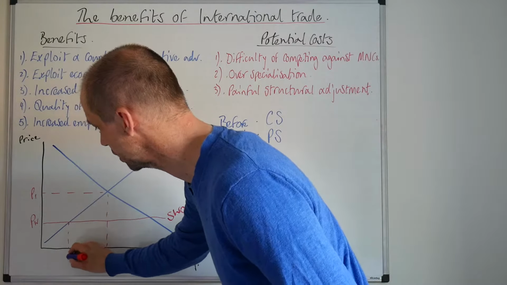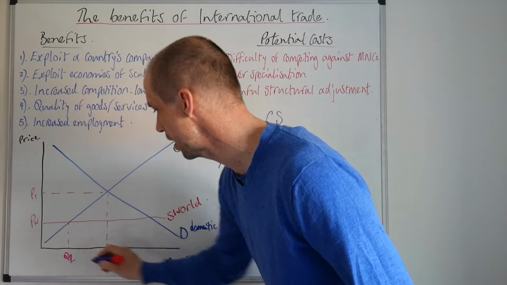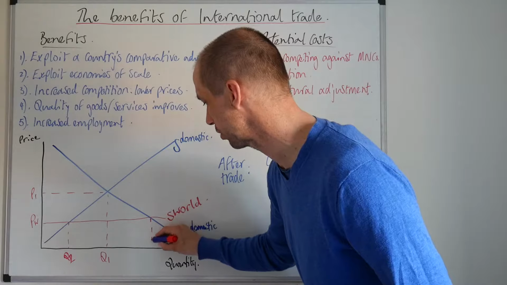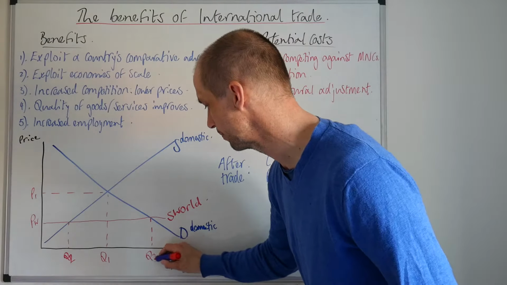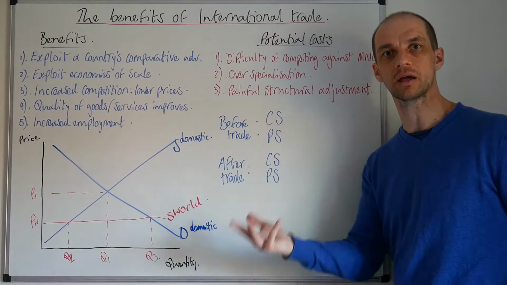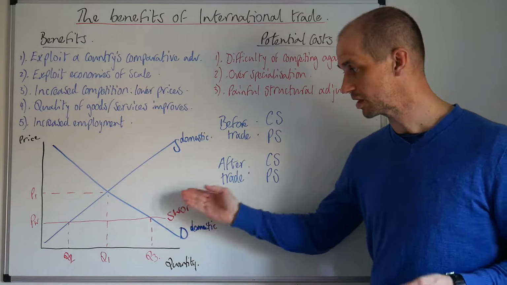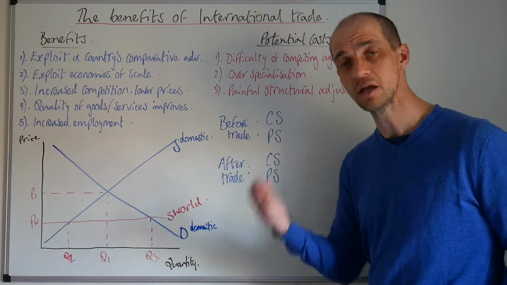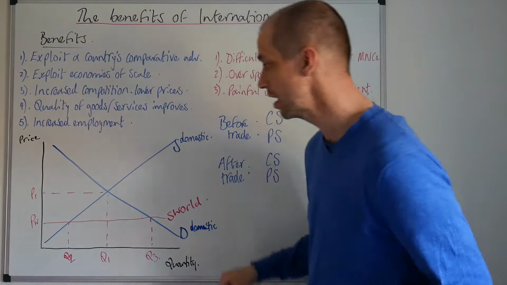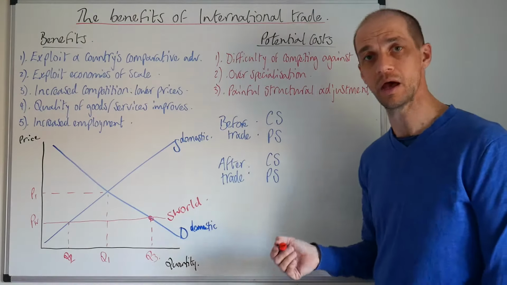We can highlight each of these points. Let's put down Q2 there, and then we're going to have Q3 right out here. Okay, so what's interesting now is that if the UK economy engages in international trade, and we're assuming that there are no impediments or protectionism in the way here, then we can see that supply equals demand right out here.